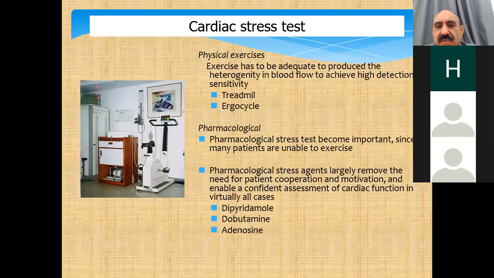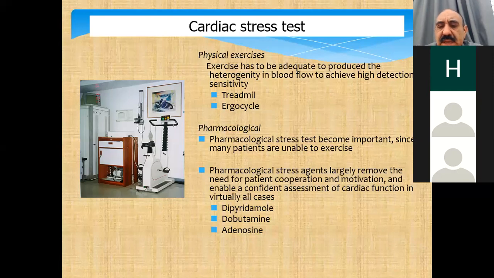So we have a conventional cardiac physical stress test. As you can see on this picture, it is a bicycle. And we have the pharmacological stress test, where the pharmacological stressor can be dipyridamole or adenosine or dobutamine.